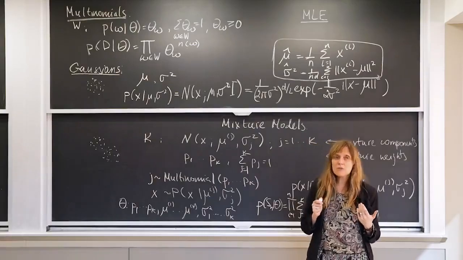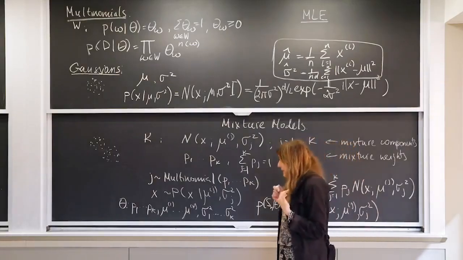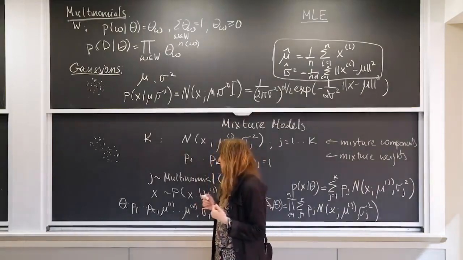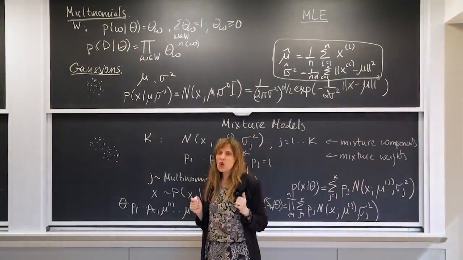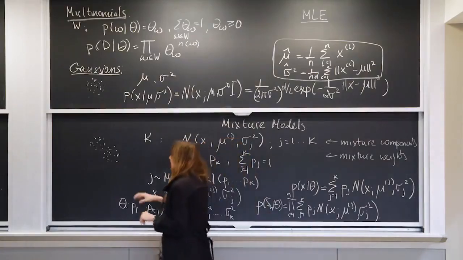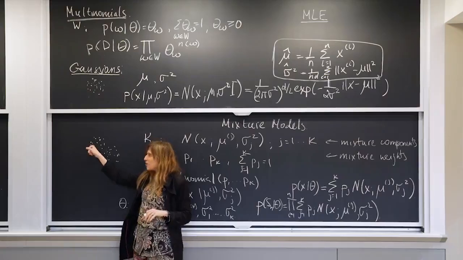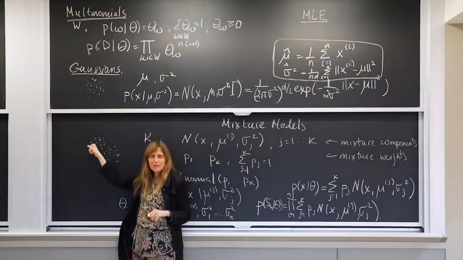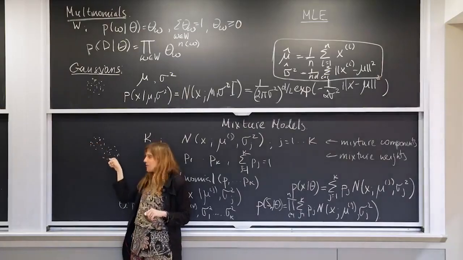So what we will do now is start with an easy case. The first case I will consider with you is called observed. I would assume that somebody gave me these points, but they actually gave me the hard assignment. They say this point belongs to the first cluster, and this point belongs to the second cluster.